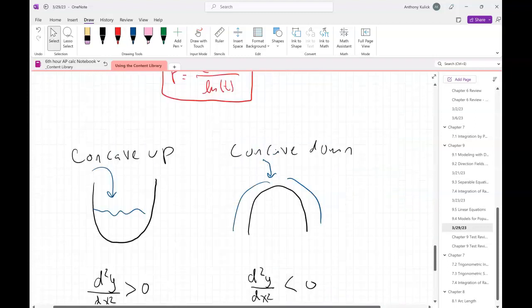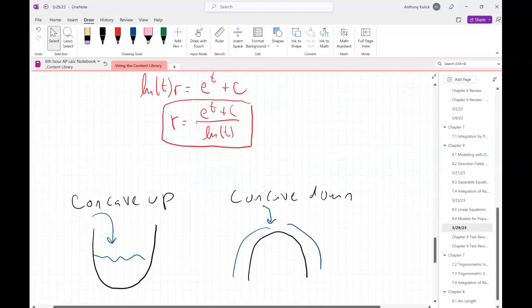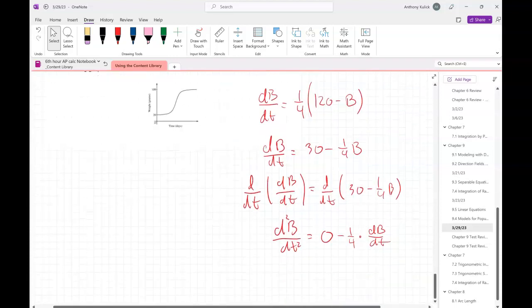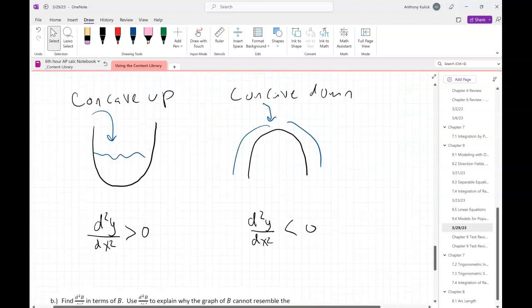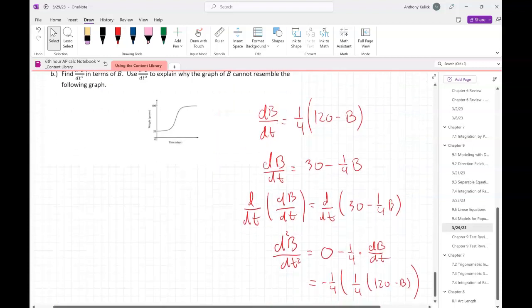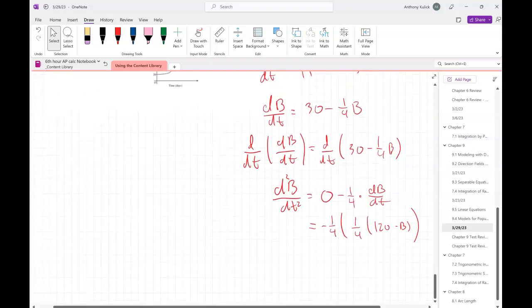Now, let's do that first. So that's going to just be negative 1/4, and then dB/dt is 1/4 times (120 minus b). But what do we know about b in the problem? B is the bird's weight.